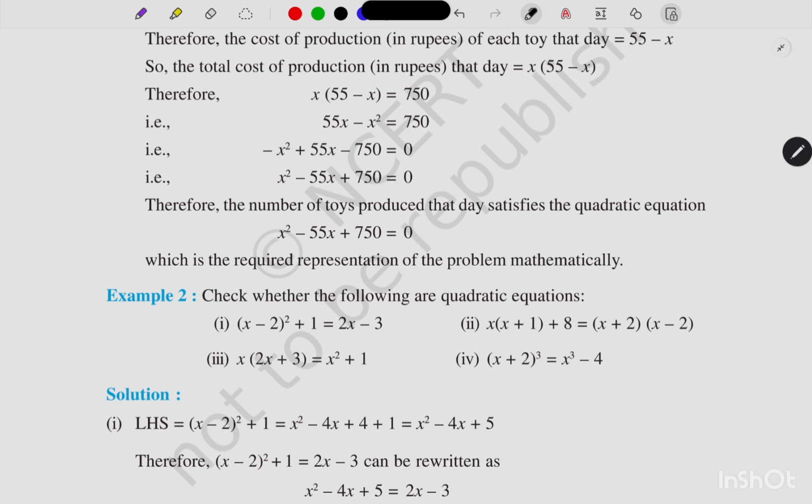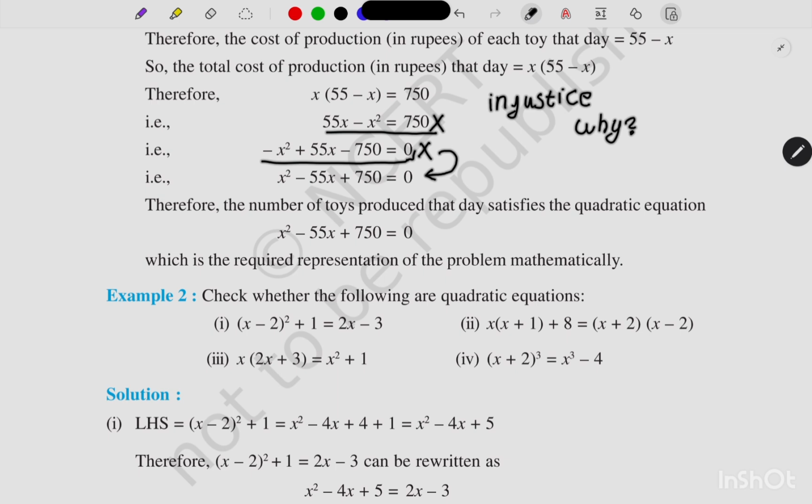Now, here's the thing about board exams. It is filled with injustice. Why? If you're a low scoring student, then leaving the equation like this or like this might be okay. But if you're getting good marks in the test, they won't give marks for this, or they will reduce the marks. Always try to write the quadratic equations.